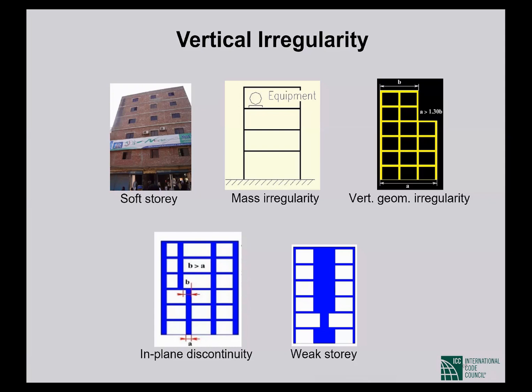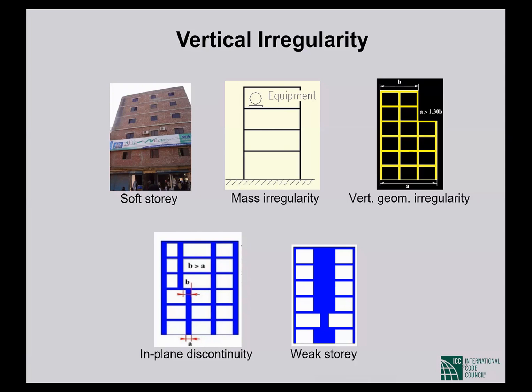If a floor stiffness is much less than the stiffness of the adjacent floor, then the floor is called soft story. There are actually two types, soft story and extreme soft story. And not only the adjacent floor, maybe adjacent two floors. We compare the story stiffness with the adjacent story and the adjacent two stories. So please read the code to know the exact definition.